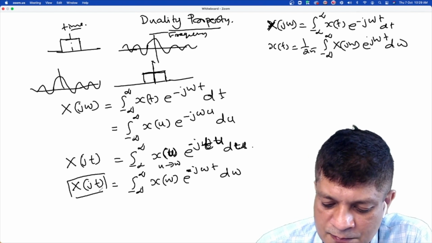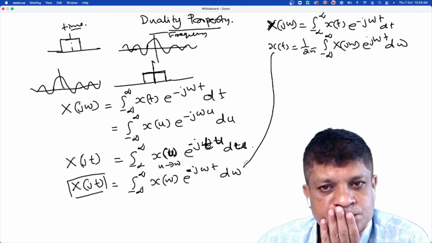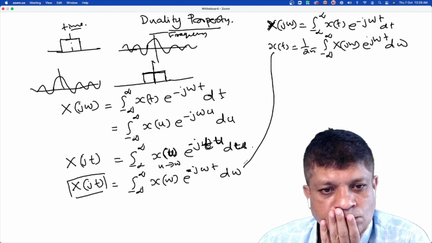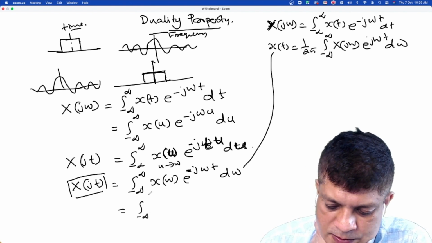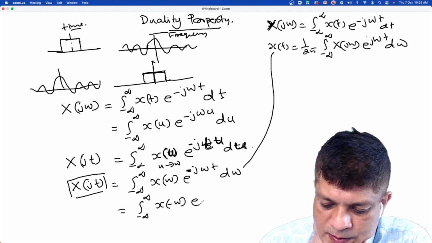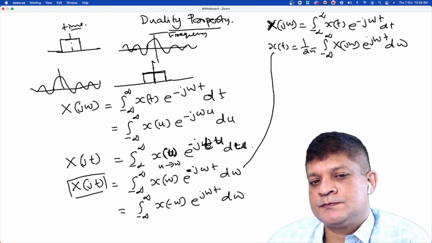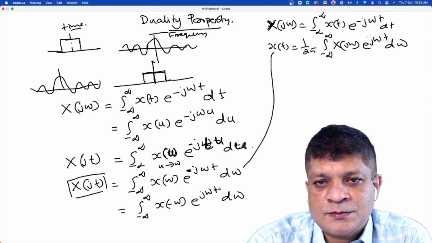Can you tell me what the Fourier transform is, if you compare these two? So I add one more step: X of minus omega e to the power j omega t d omega. Now tell me, what is the Fourier transform?